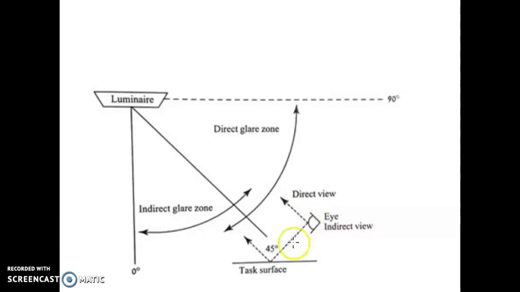Now you are looking onto your task or the work plane, and if you suffer any kind of glare, then that comes to be indirect glare. And if you are directly viewing the luminaire, then it is a direct glare zone. So from 0 to 45 degrees, it is generally the indirect glare zone, because you are not looking with the heads in the up position. And from 45 to 90 degrees, you are at the heads up position, and therefore it is a direct glare zone.